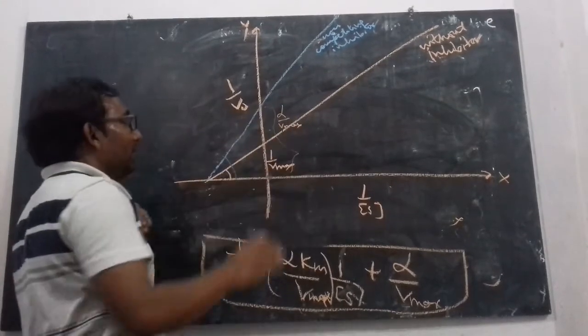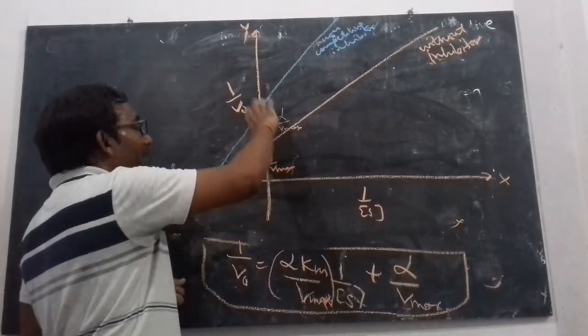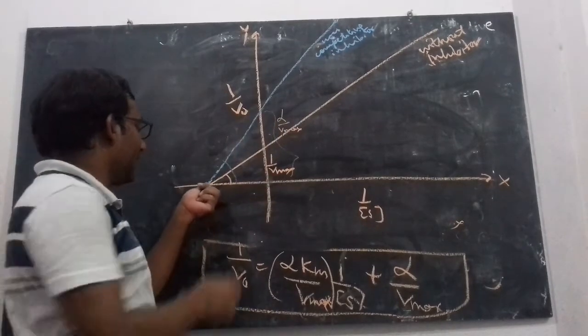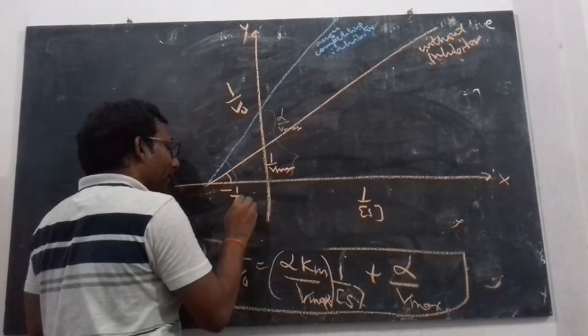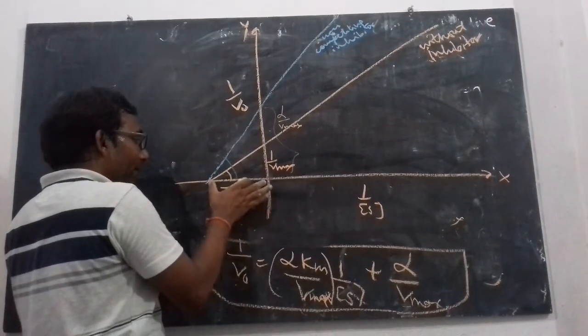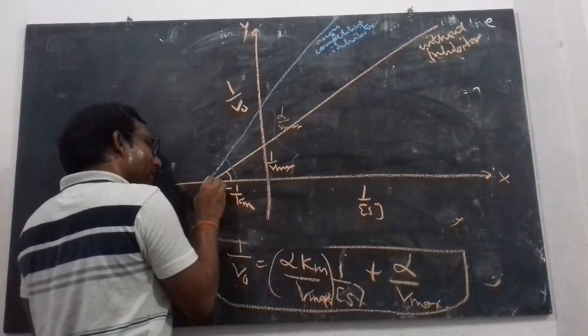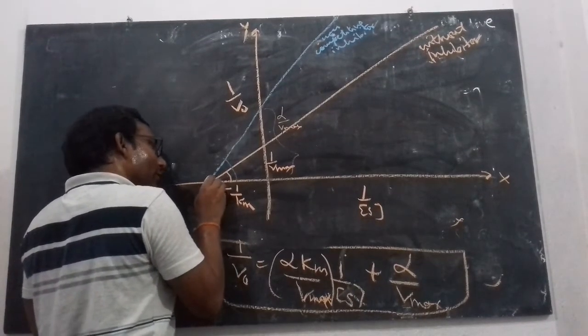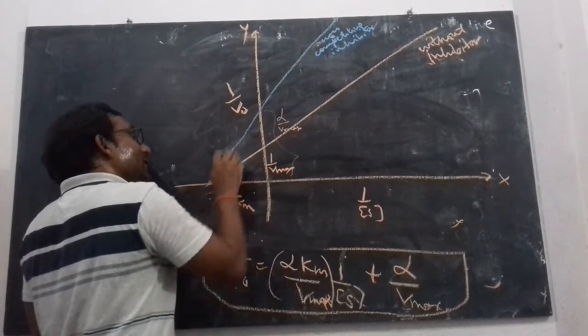That means the Vmax is decreasing, but the Km does not change. What is the normal value on the x-axis? Minus 1 by Km. The Km has not changed. Without inhibitor the line starts from the same place, and in the presence of inhibitor it also starts from the same place.